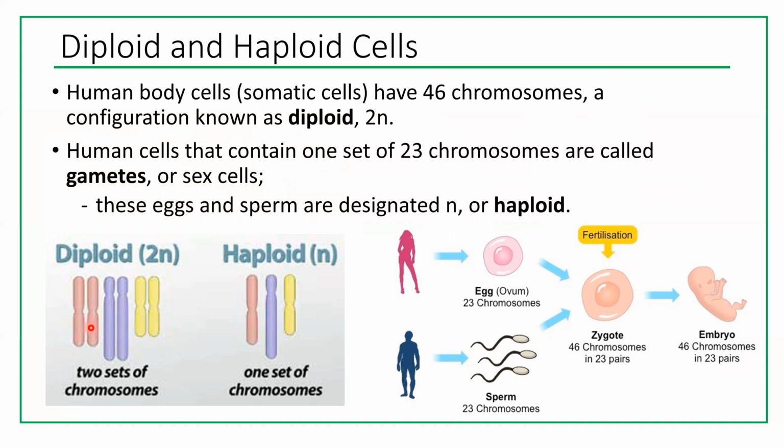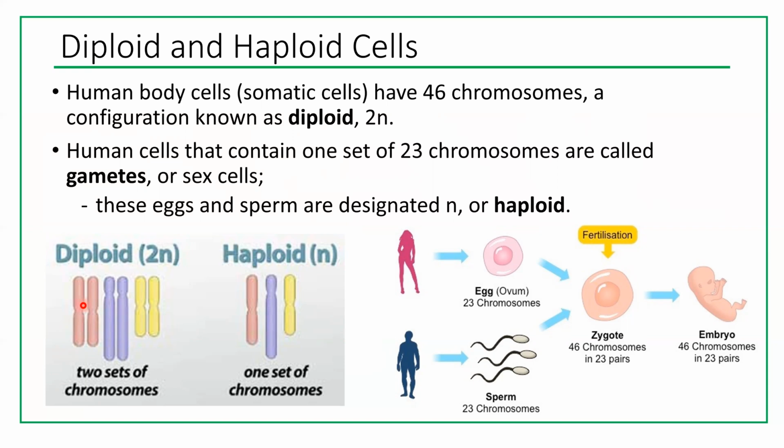They are homologous. So you get 1 pink from mom, this pink from dad. And again, when I say pink or purple or yellow, it's not how your chromosomes look, right? It's just a representation. But this chromosome maybe you get from mom, this from dad, this from mom, this from dad, right? So those are homologous chromosomes.